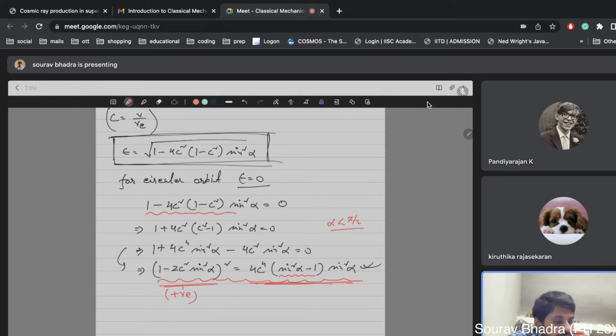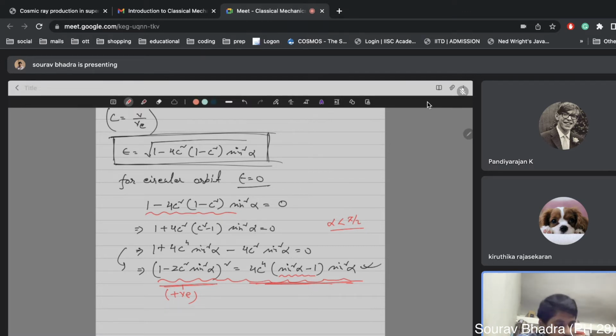Okay, and the whole sign of this right hand side will be negative. So this equation is not valid, because your left hand side is positive, and if your alpha is less than pi by 2, you are getting a negative sign in the right hand side.